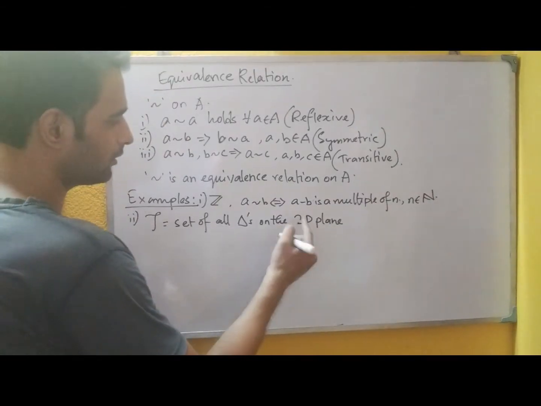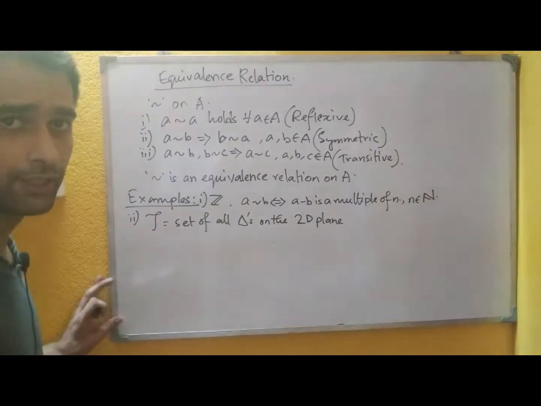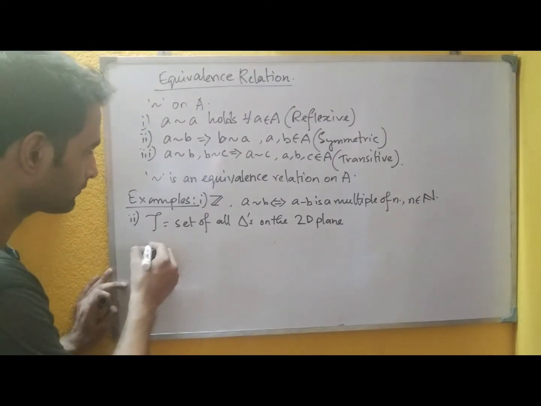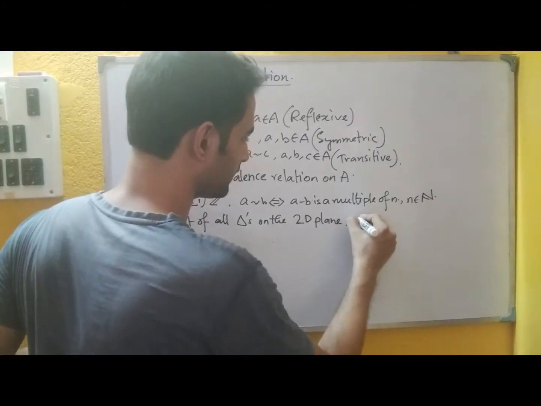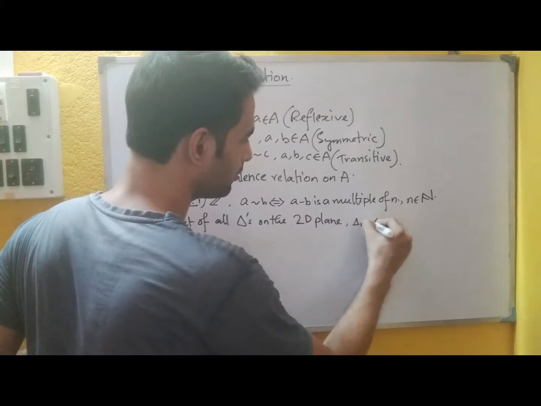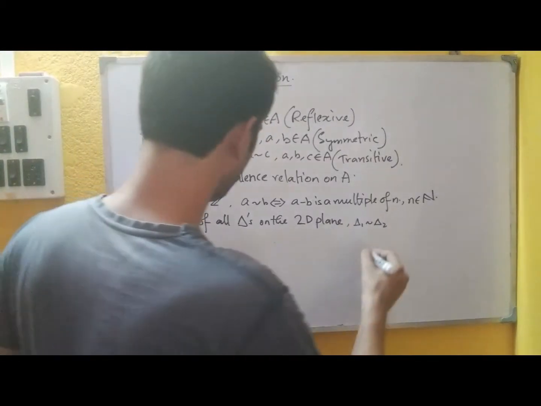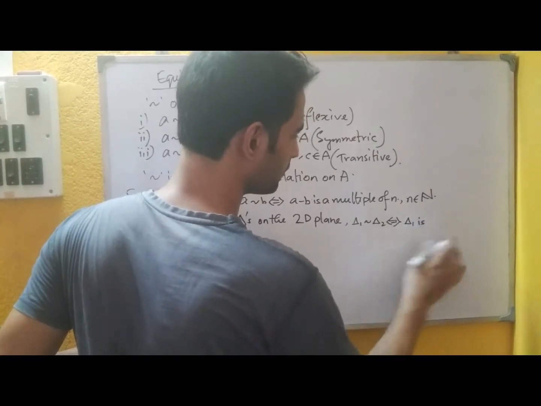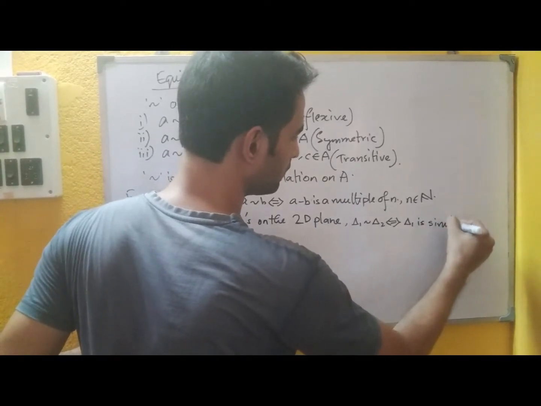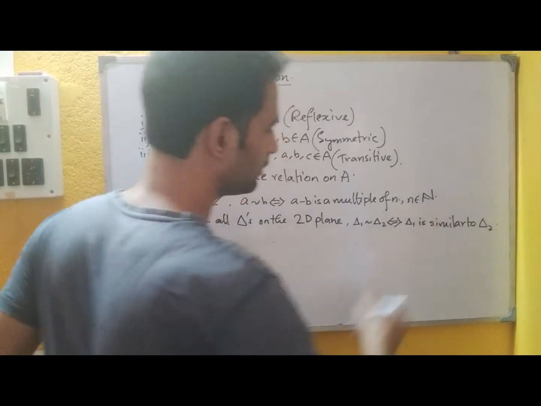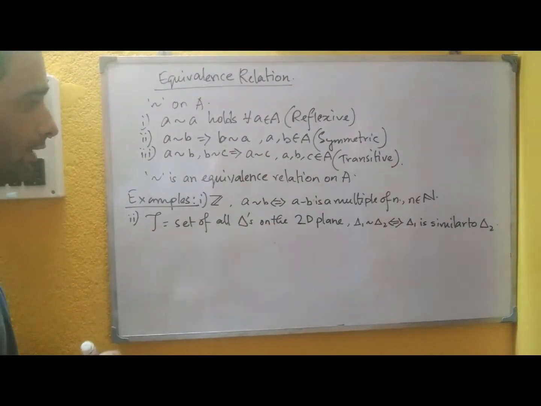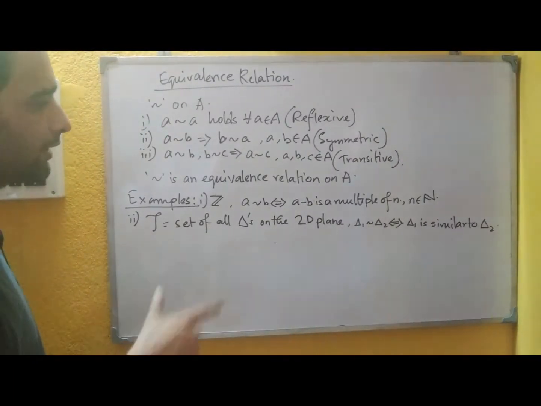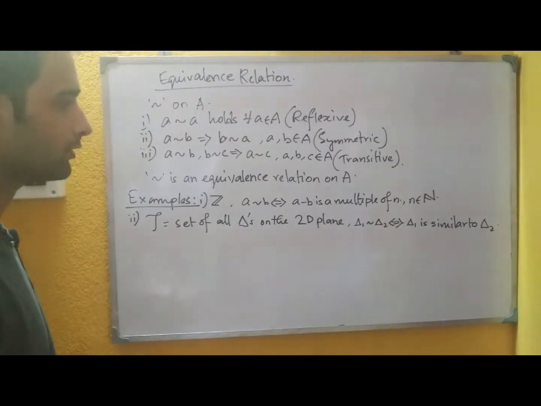That means all the triangles we can draw on this board can be considered as the set T, and the relation here, say we are taking two triangles delta 1 and delta 2, is defined as: delta 1 is similar to delta 2. In this way we can define this relation tilde within the triangles on the two-dimensional plane, and we can see that this relation will be an equivalence one.